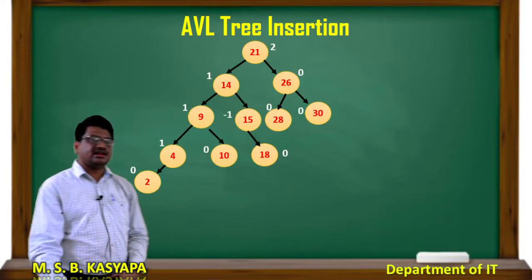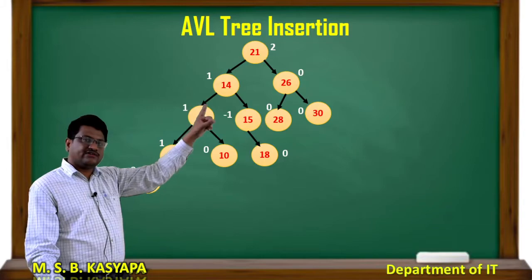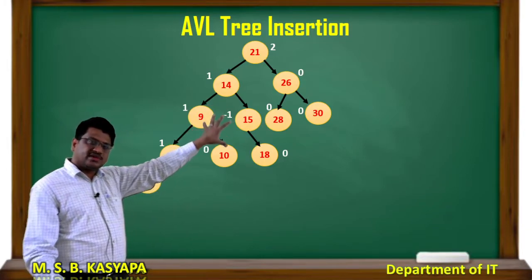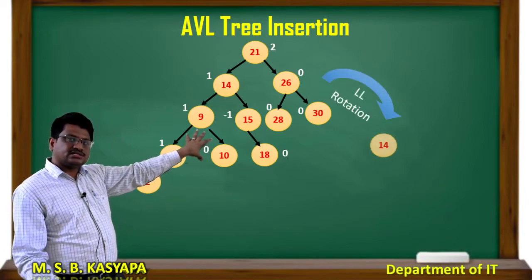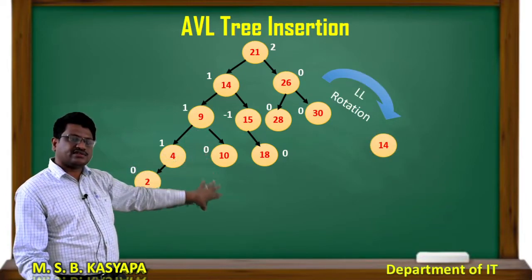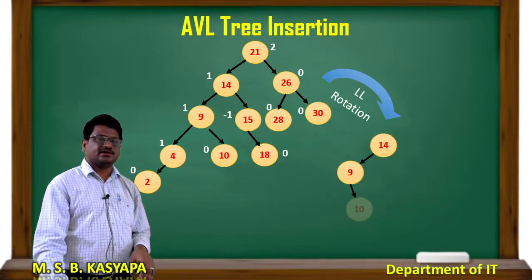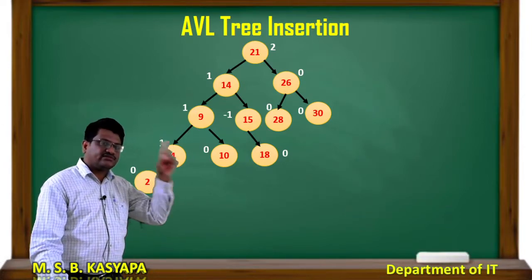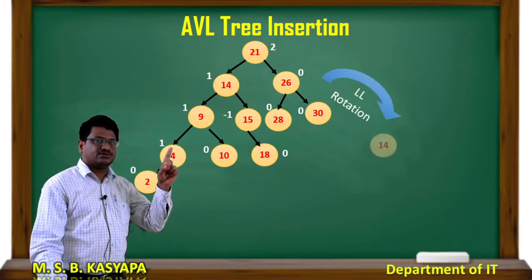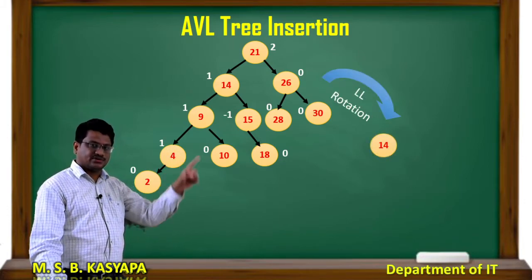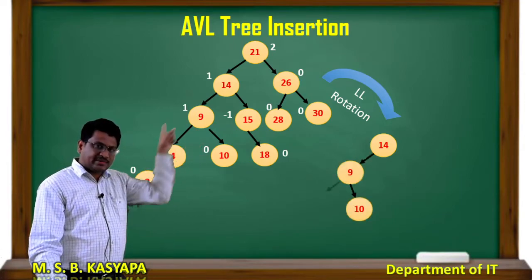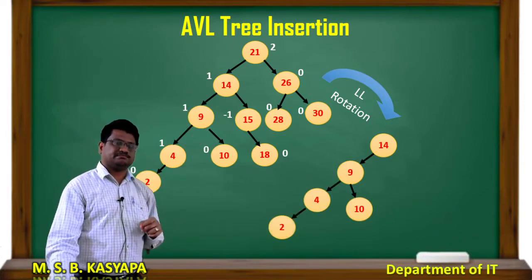According to LL rotation, first the left child will become the root node. The remaining left subtree will become the left subtree. If it has any left children, those left children will become the left child for that particular node.